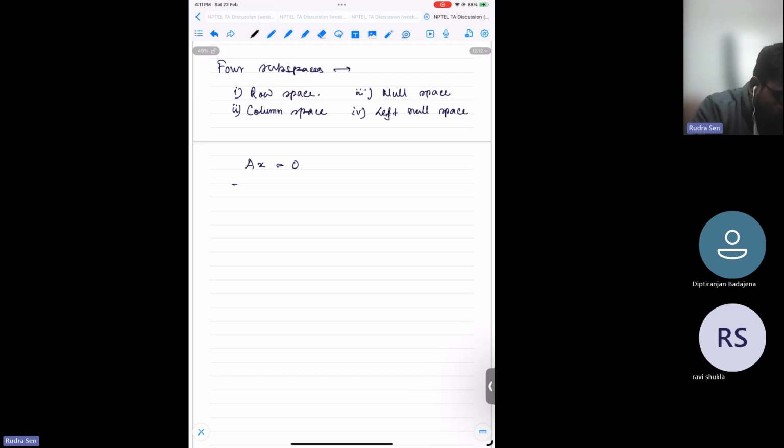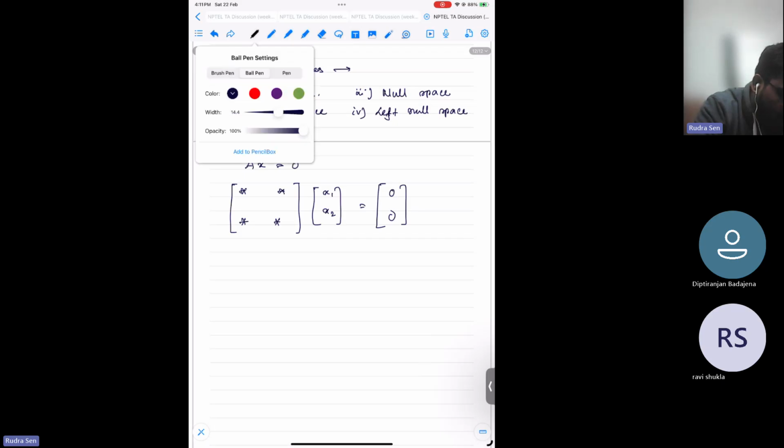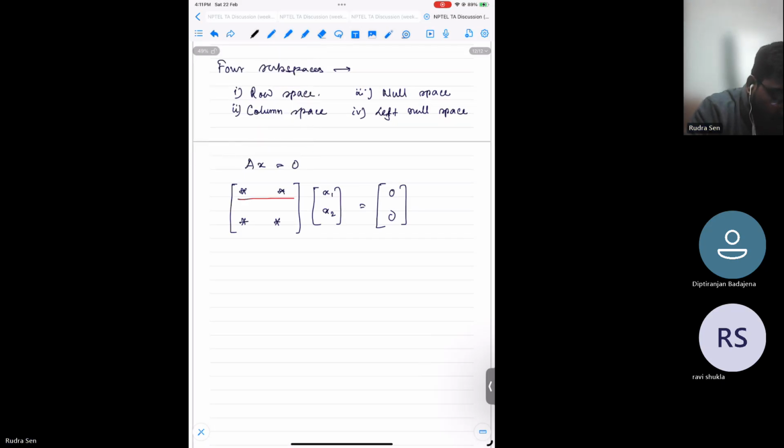Now, the matrix is in something like this format. Let's say I'm considering x1 and x2, and here the first term, second term, third term, fourth term, and I'm getting 0, 0. How does this multiplication happen? Row times column, right?